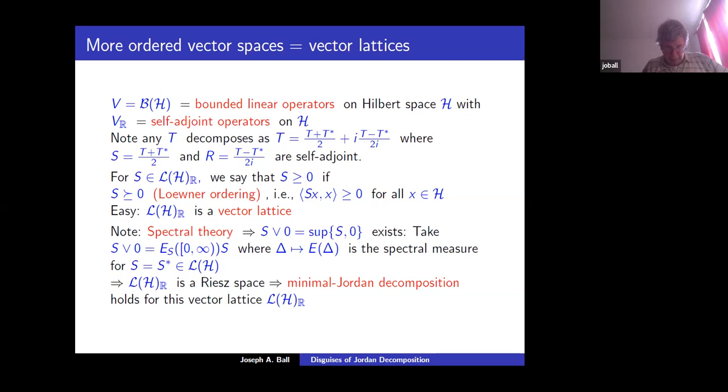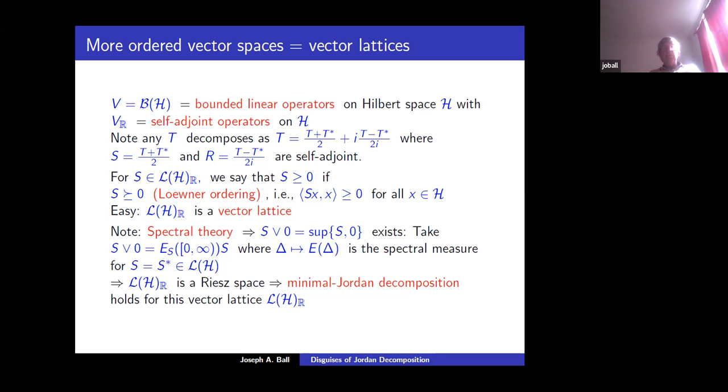Let's say the real things in L of H are the self-adjoint operators. And the ordering is the Löwner ordering, which means that for any vector x in H, the inner product of Sx against x is bigger than or equal to 0. If you know what it means to be bigger than or equal to 0, you know what it means to be bigger than or equal to anything else: S bigger than or equal to T just means S minus T bigger than or equal to 0.